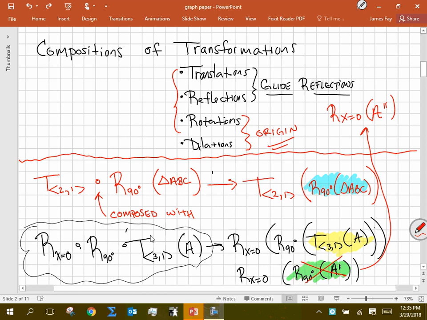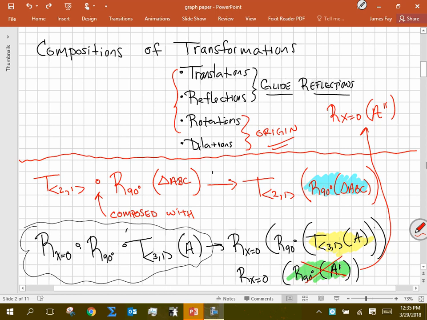You're going to work on that one first with A, and then whatever that image becomes, you're going to do that one next, and whatever that image becomes, you're going to do that one too. So here you're working from the right to the left. Is that all right? Okay, if you don't want to rewrite things.